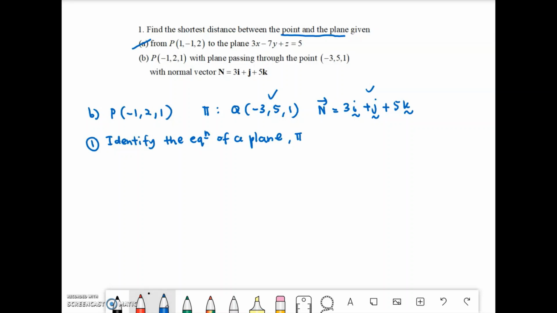So here, our Q and N here, this is denoted as x node, y node, and this is z node.